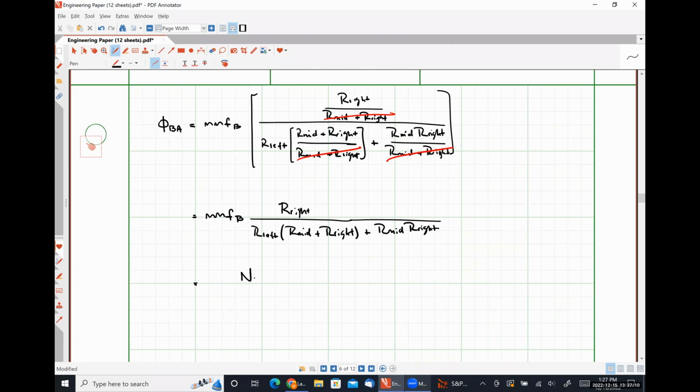So it's going to look like NB times IB times R right divided by R left times R mid plus R right, plus R mid times R right.